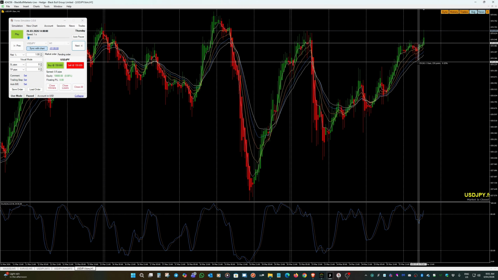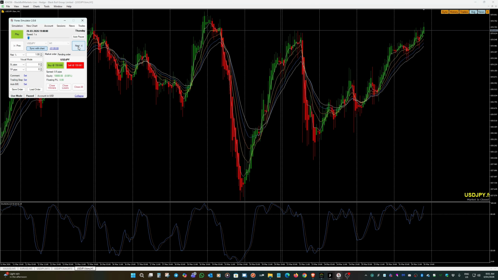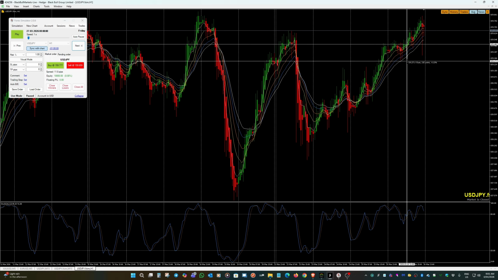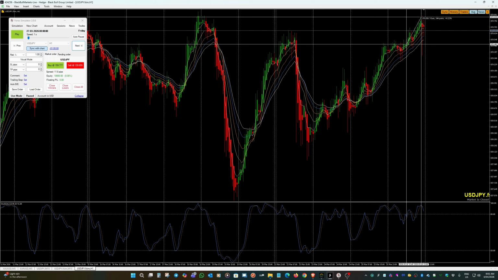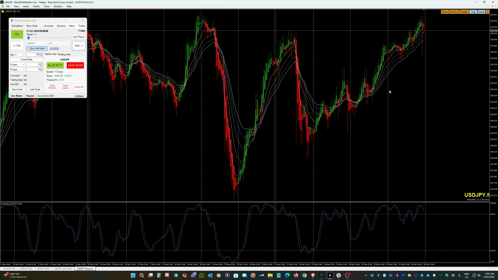That is about 22 pips stop loss. And I think it would have actually reached our take profit, which is about 33. This one went up to about 36. So yes, that would have actually been a successful trade for us.